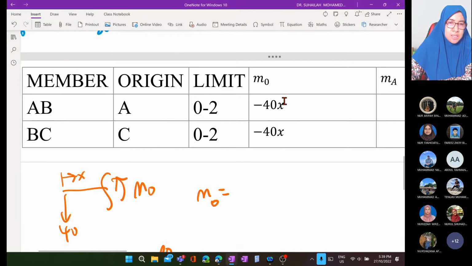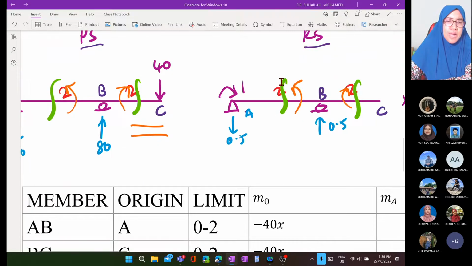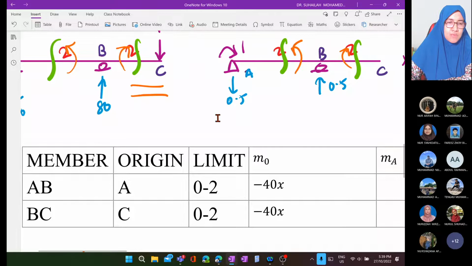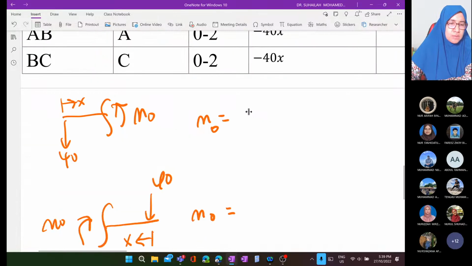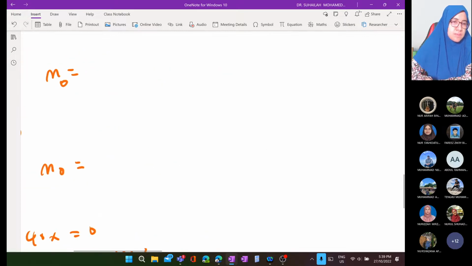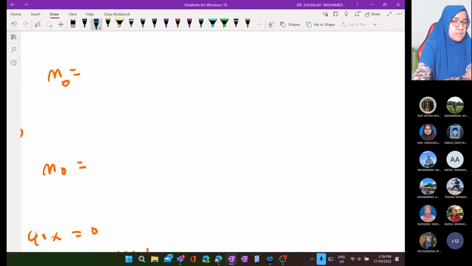Okay, so now refer to the redundant system. In the redundant system, we have MA for AB. For AB, what is the equation? The diagram looks like this, with 0.5 moment like this.